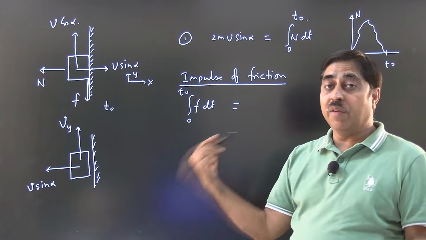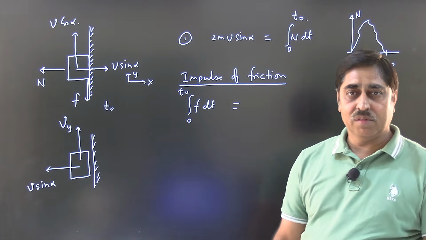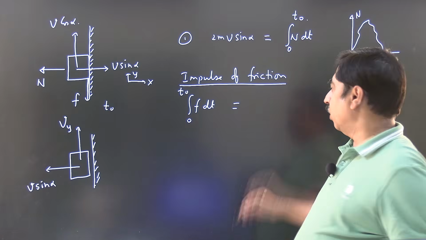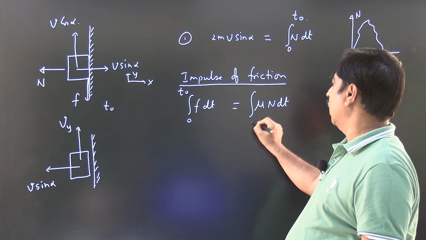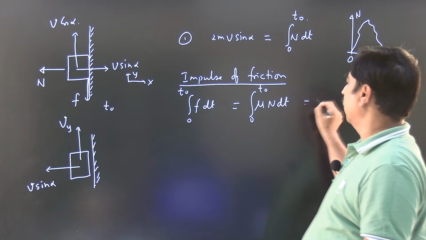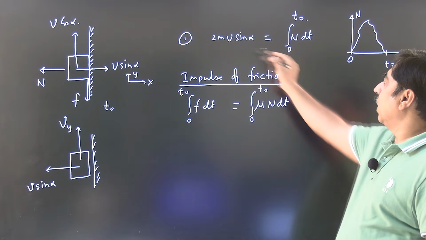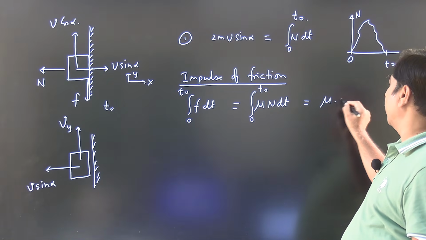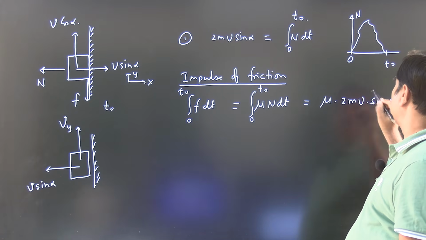Now, definitely it is rubbing, it is kinetic friction, it is mu into N only. So, mu into N into dt integrated from 0 to t naught. So, mu is a constant, and integration of N dt is this much. So, this becomes mu into 2mv sin alpha.